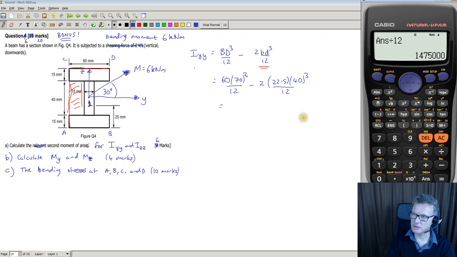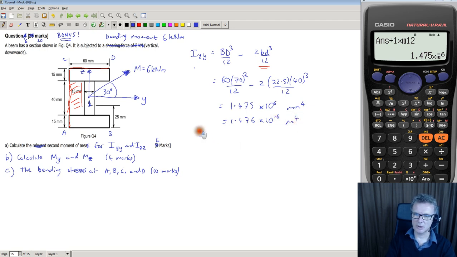So that is 1.475 times 10 to the 6 millimeters to the power 4 divided by 1 times 10 to the 12. So 1.456, I could have done in my head, times 10 to the minus 6 meters to the power 4.